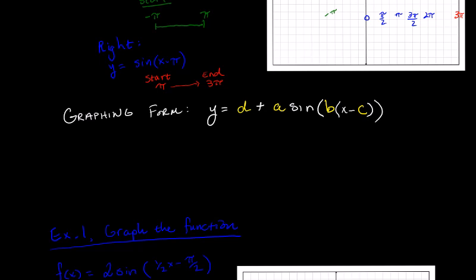And so if we're taking a look at what it all means, once again, this first one is your vertical shift, right? D is your vertical shift. A talks to you about your amplitude, or your vertical stretch or shrink, and it also talks to you about your reflections over the x-axis.